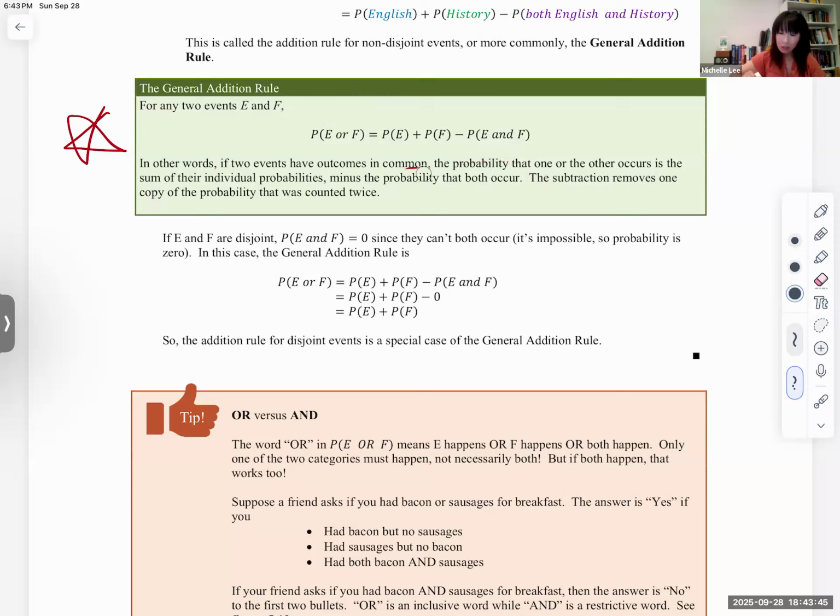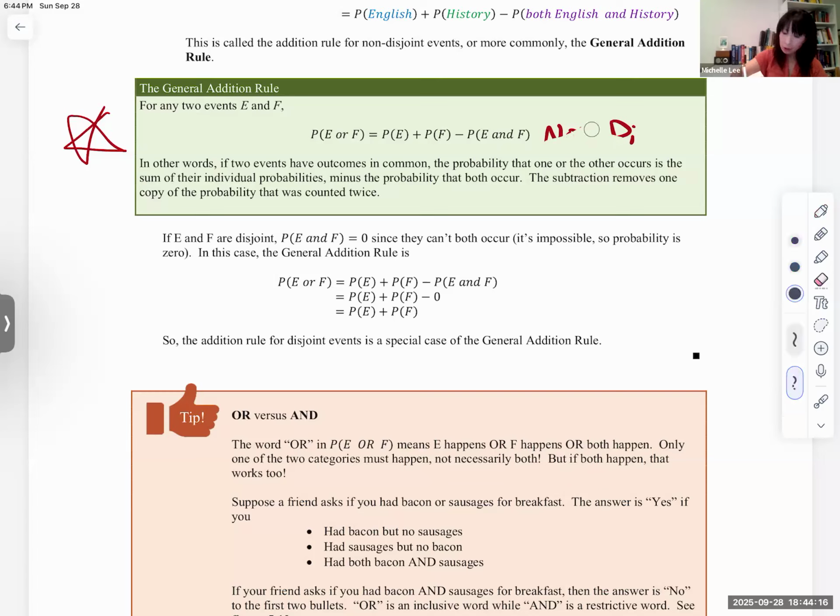We add their probability and then we take away overlapping part, right? So this is not disjoint. Oh, why they don't indicate that? Because we can use disjoint too. So when we have a disjoint, this one is 0. Not disjoint, there is some number.